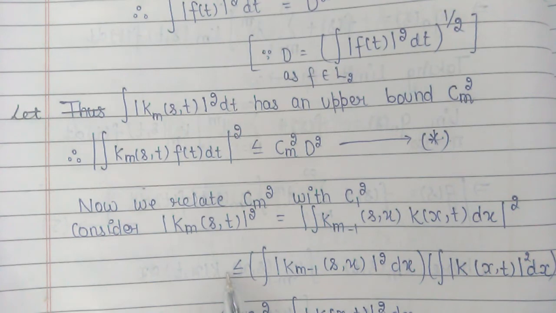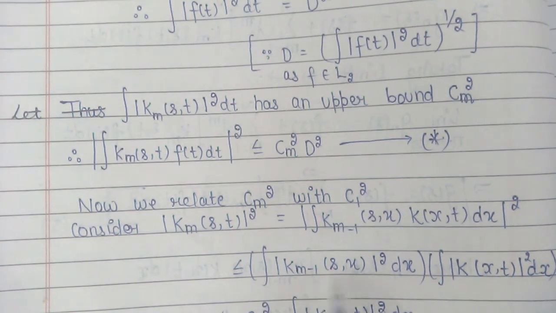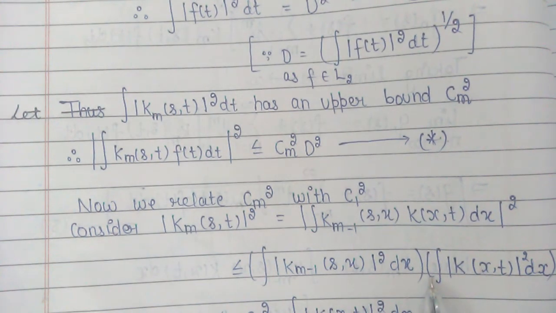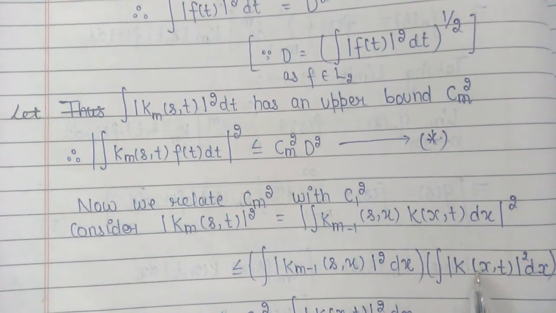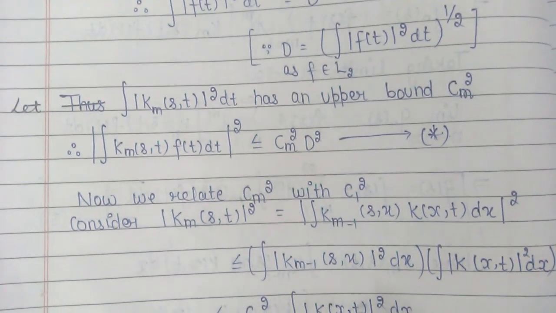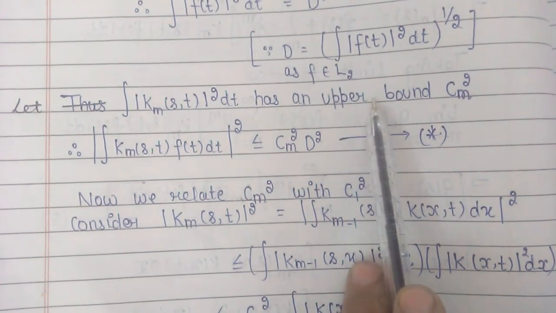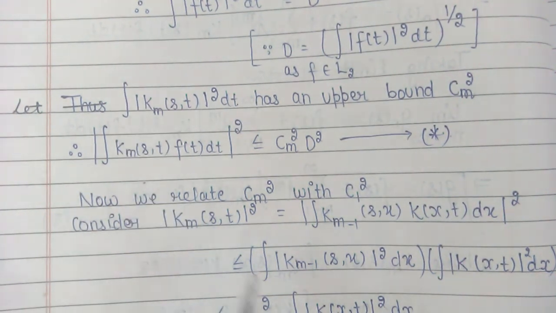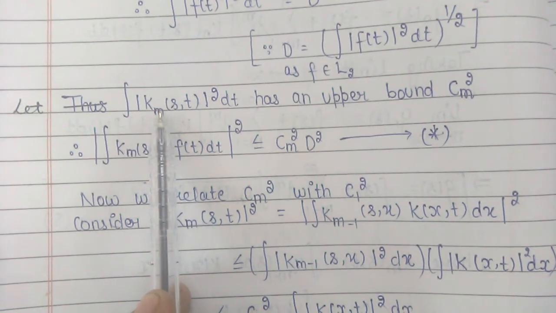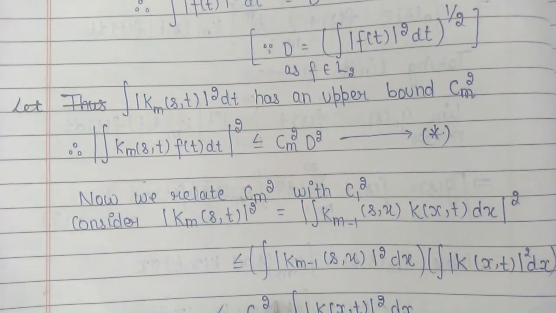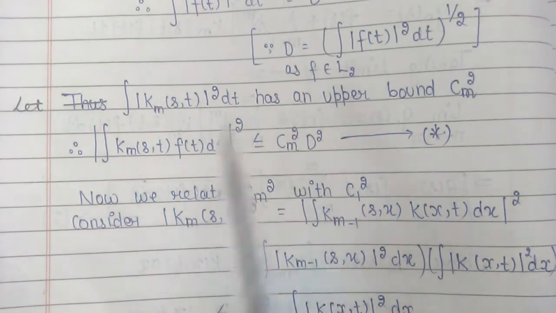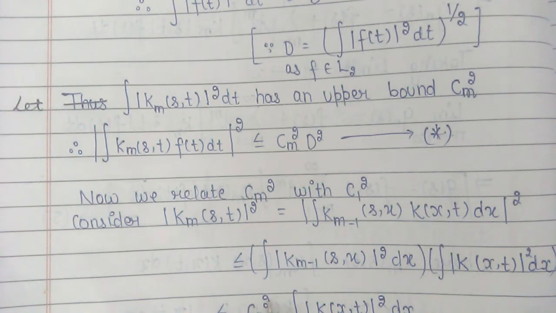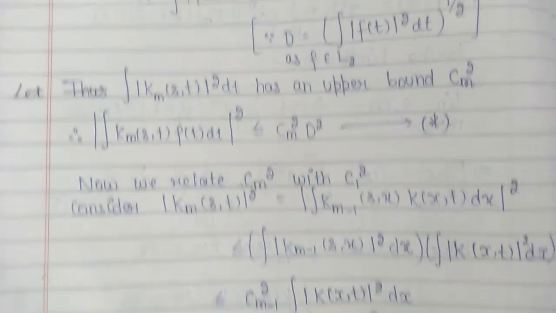This is less than or equal to the integral of |K_{m-1}(s,x)|^2 dx times the integral of |K(x,t)|^2 dx. Again using this notation, we have taken c_m^2 as the upper bound for this integral. In the same way, for K_{m-1} we have the upper bound c_{m-1}^2. So using this notation, this is less than or equal to c_{m-1}^2, and this term we have kept as it is.